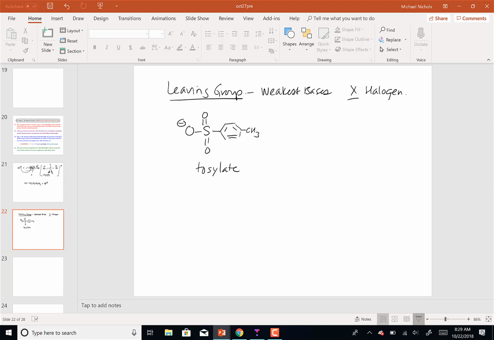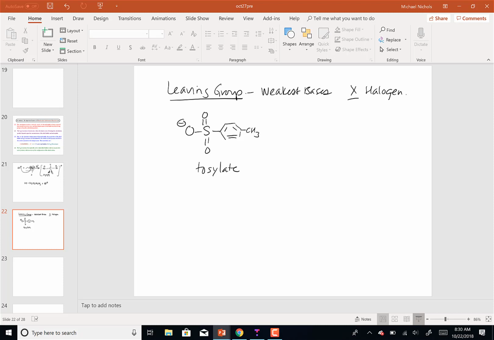The answer. Anybody want to give me an answer before I go to the wheel of misfortune here? Is the charge spread out? The negative charge? Okay, the charge is spread out by the oxygens? The charge on the oxygens is spread out, but how is it spread out? By pulling electron density. Yes, but how?